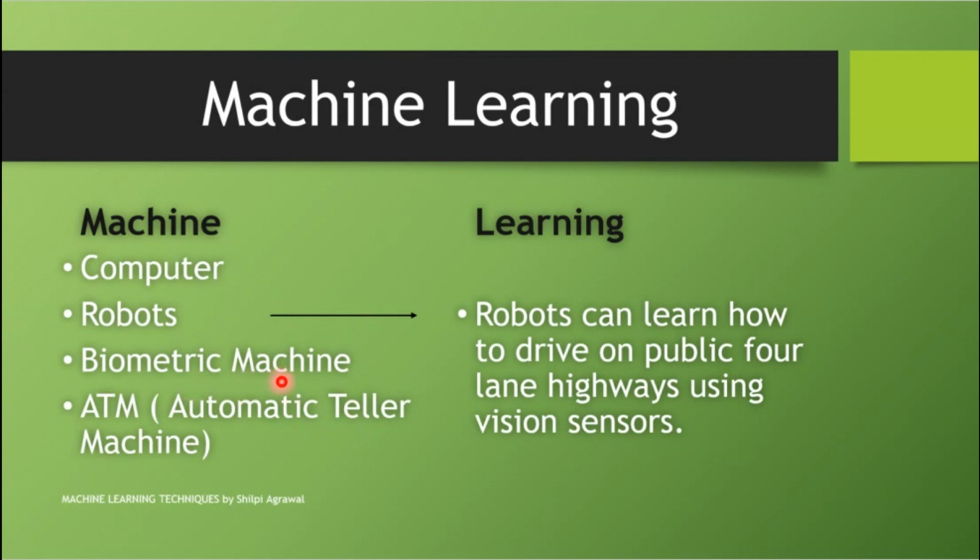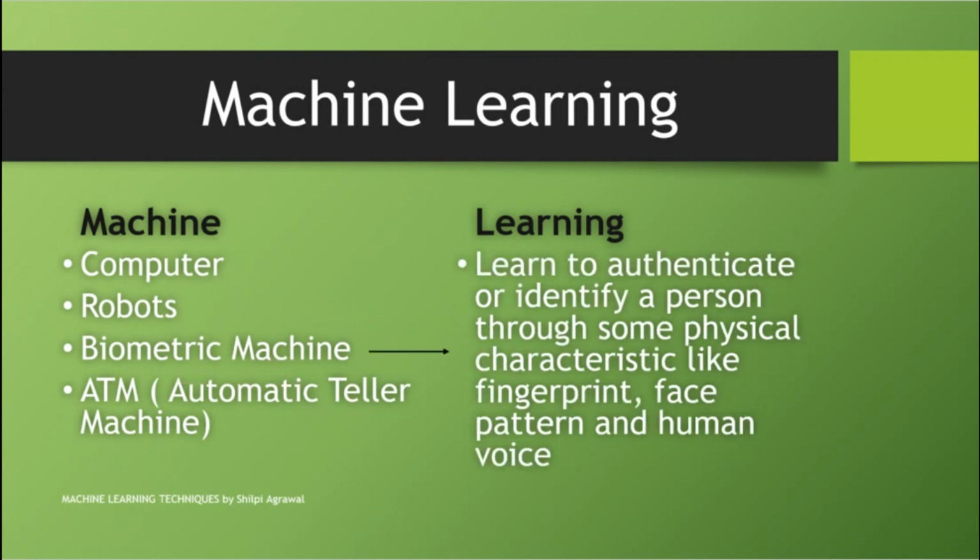Next example is biometric machine. So biometric machine can learn how to authenticate or identify a person through some physical characteristic like fingerprint, face pattern and human voice. So, a biometric machine can learn how to authenticate or recognize a person through their physical characteristics.